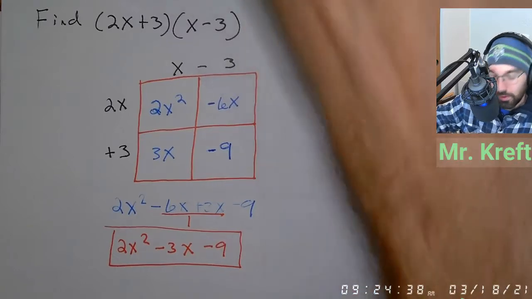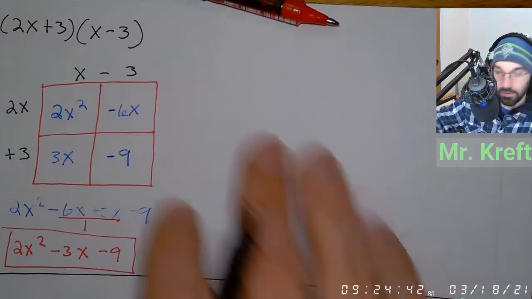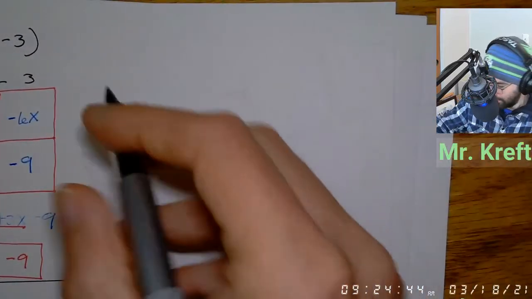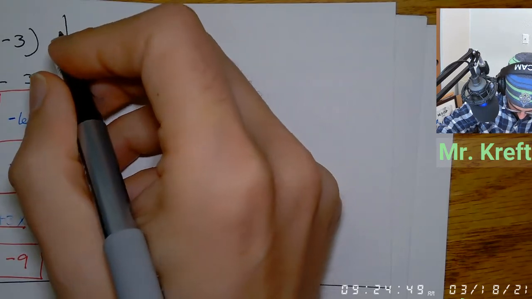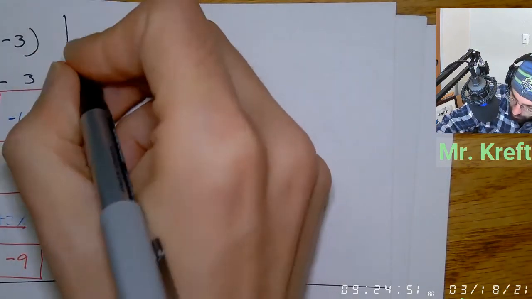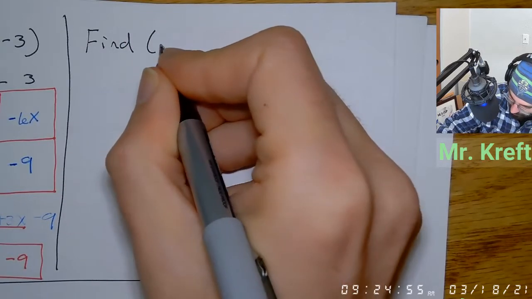All right, let's do one more of these, and then I'm going to give you a challenge. Okay, so let's do one more of these. Let's do one that looks like this.